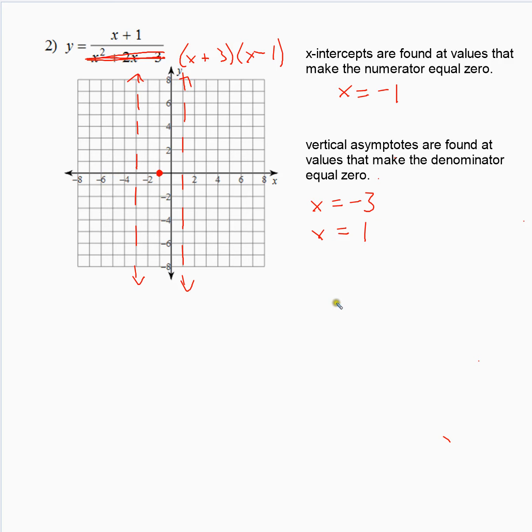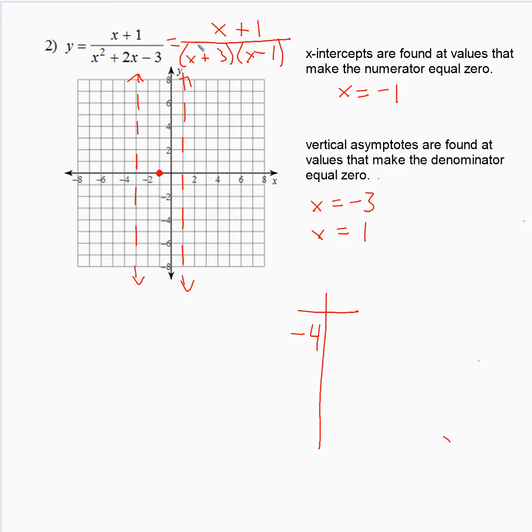I'll actually use negative 4 again. Putting negative 4 in, we can use either fraction, whichever is easier to use. These two are both the same, so we can plug negative 4 into either one.